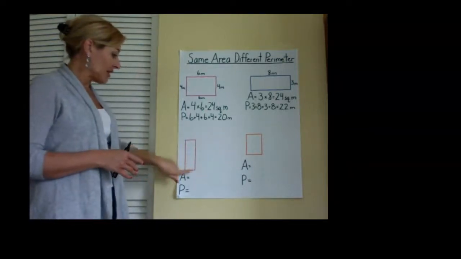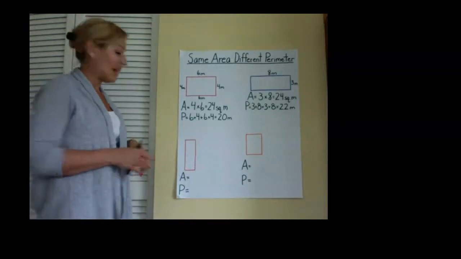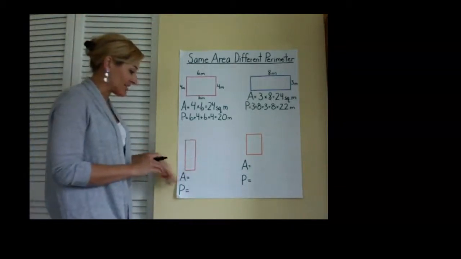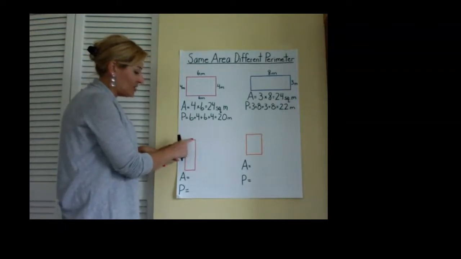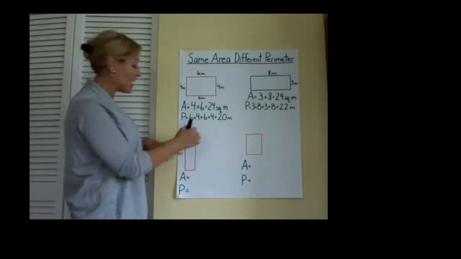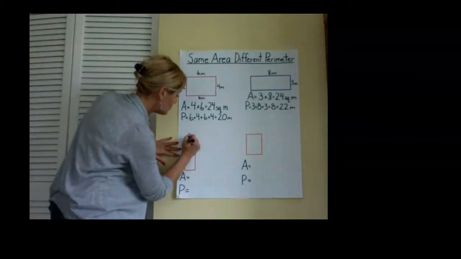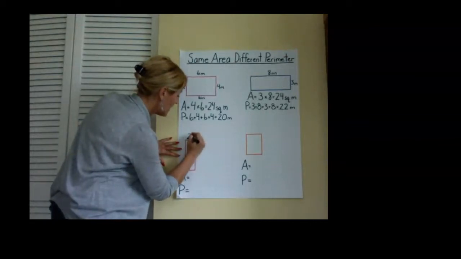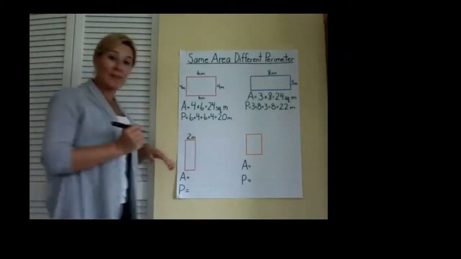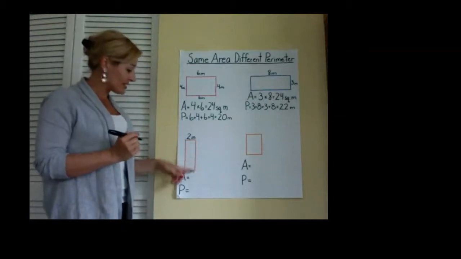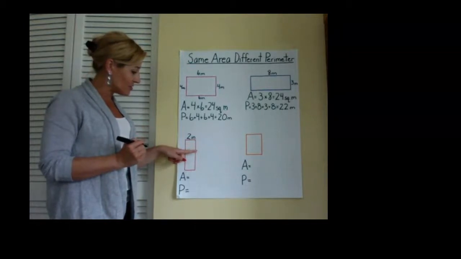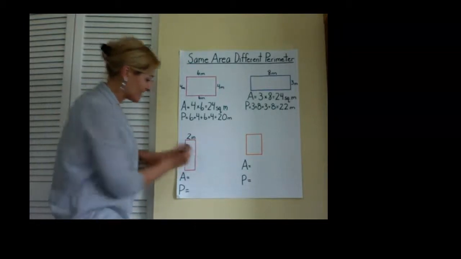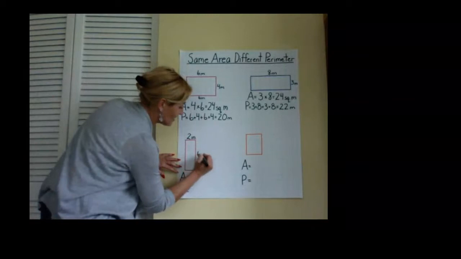So let's take a look at our bottom examples. If we take a look at our red rectangle, we want to see what the measurement is for the sides. We can see the top, I have 1, 2 boxes. So that means that this one is 2, we'll say inches. And we're going to look at the side now, and I'm going to count the boxes going down. 1, 2, 3, 4, 5, 6. So that means this is going to be 6 inches as well.